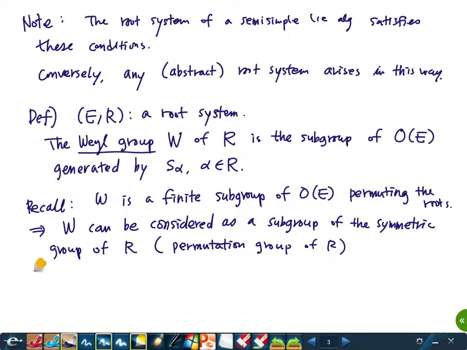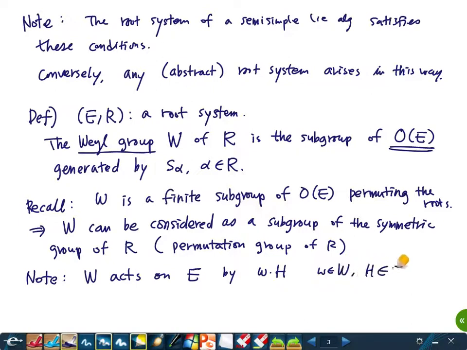And so another note is that after all, W is a subgroup of O of E. That means it's an orthogonal transformation. So W acts on E, right? By just w applied to h like that, where w is in W and h is in the vector space.